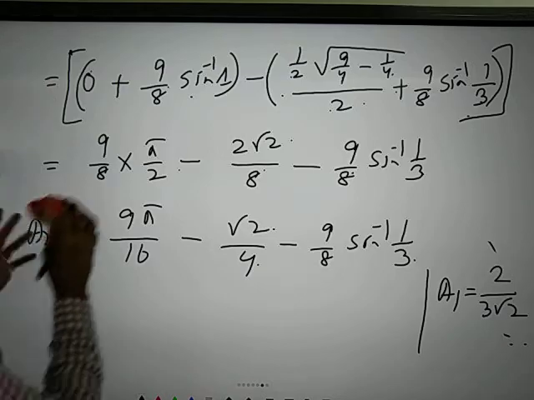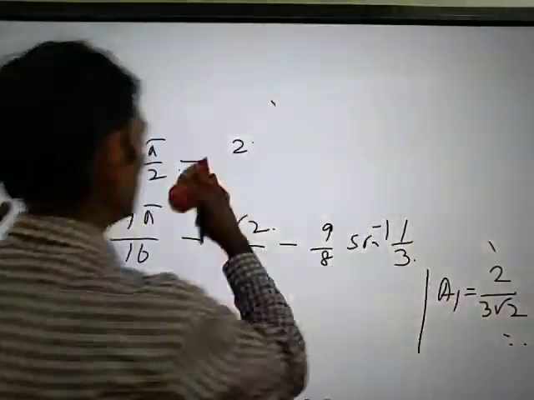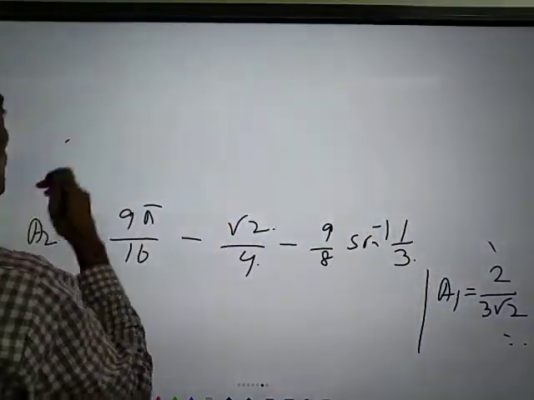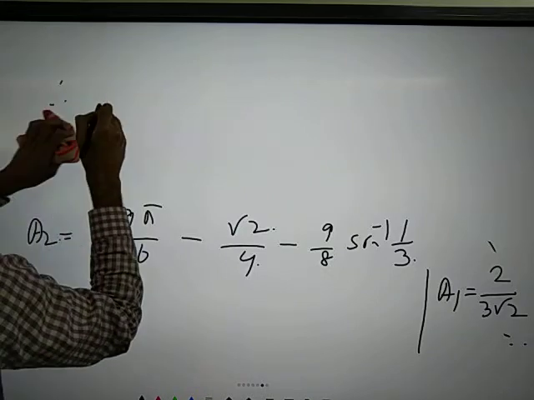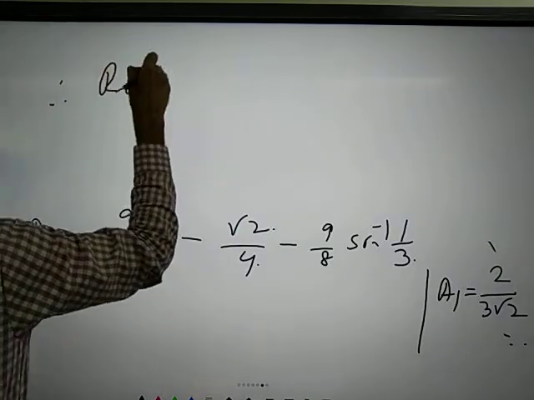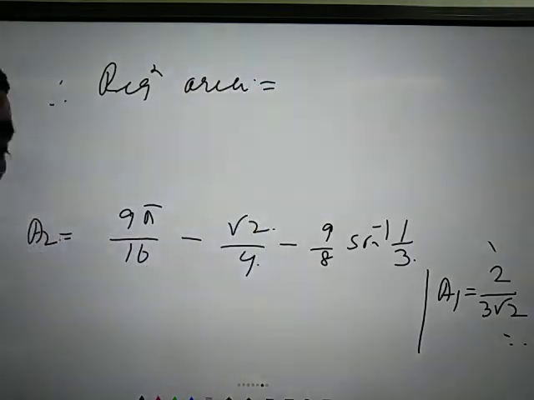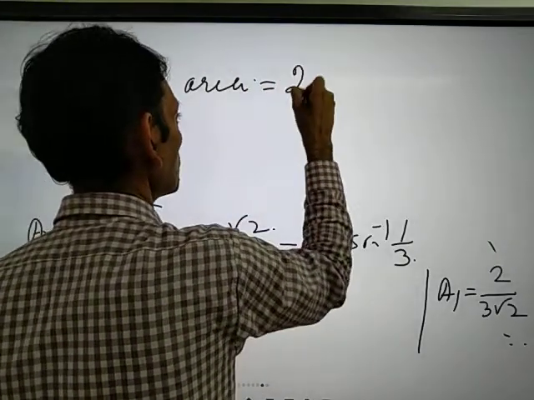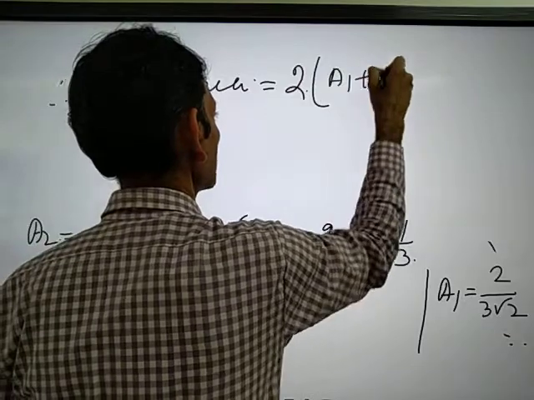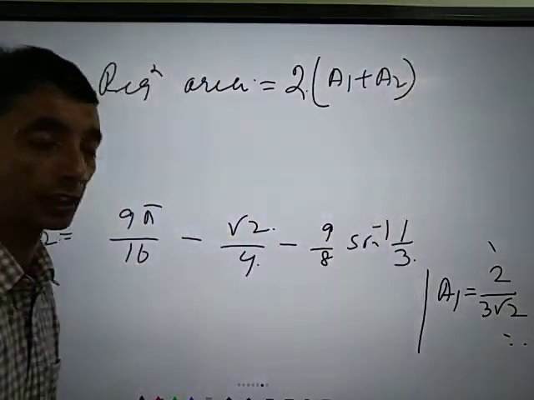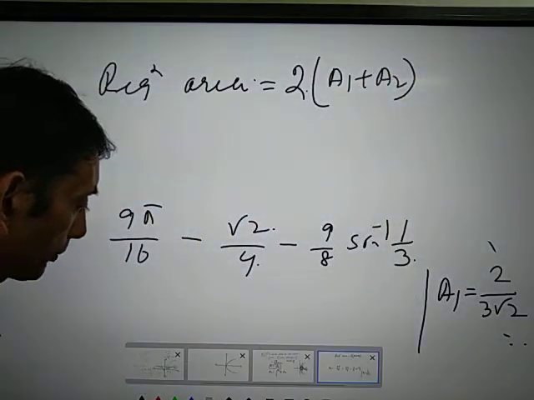Now you can finally write, therefore, the required area. What is the required area? It is 2 into A1 plus A2. I'll show you from the figure.